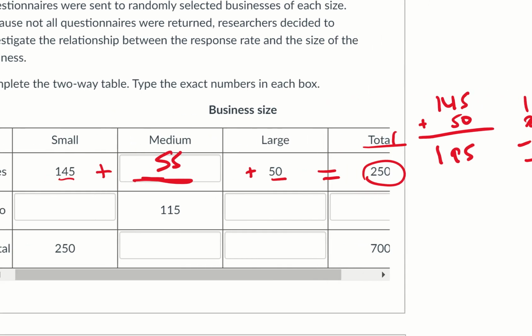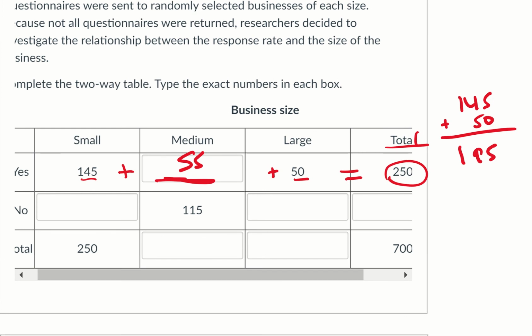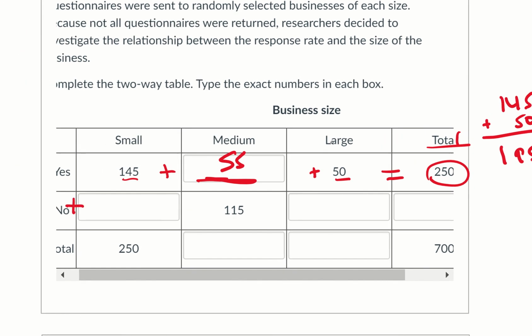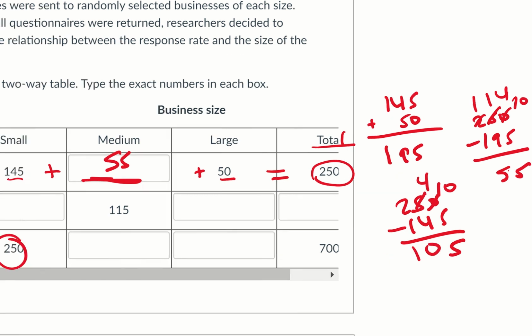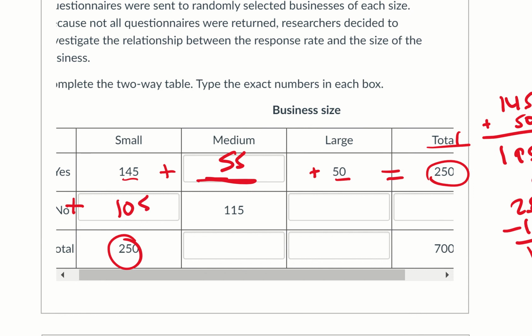That total to 250. And then you want to figure out what this column is by using this total. So we have 145 plus something is 250, so that means we're going to have to subtract. So we get 105. So 105 small businesses actually did not reply here.